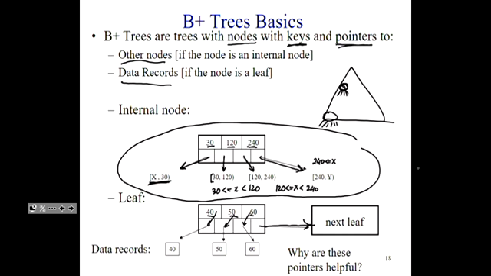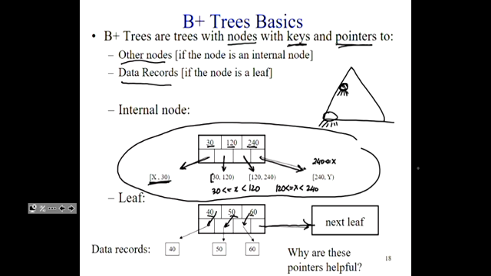Instead of going back up the tree and coming back down to the next leaf, having this pointer to the next leaf allows me to essentially sequentially scan through the leaves, getting to the next block or the next record in sorted order. Does that make sense?